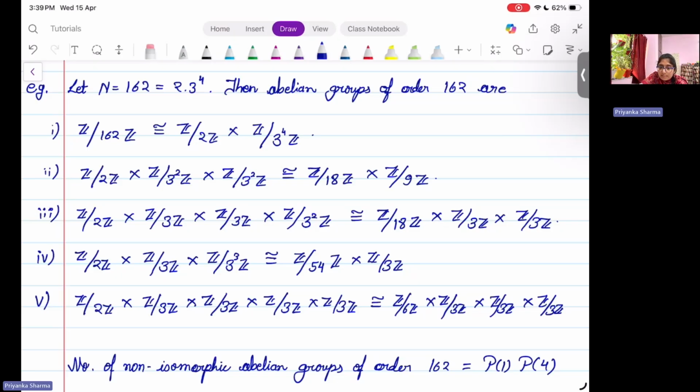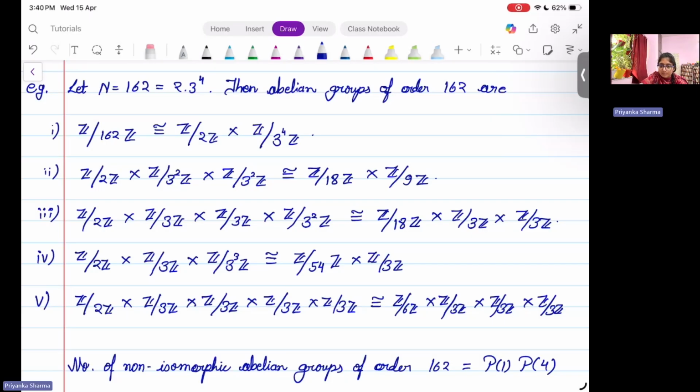This 3 square is co-prime to 2, so we combine the first and the last group in this direct product form, and combined we have written Z mod 18Z for that. The remaining part is Z mod 3Z, Z mod 3Z. Now we can't club them because 18, 3, and 3 are not co-prime. So this will be isomorphic to this.